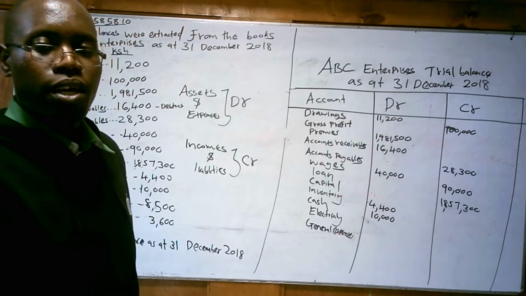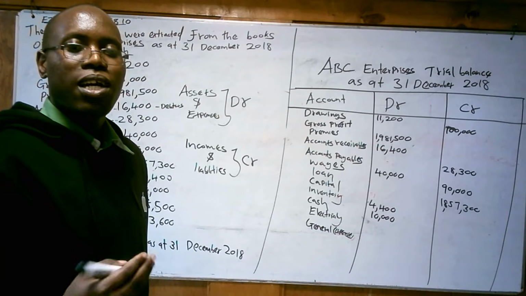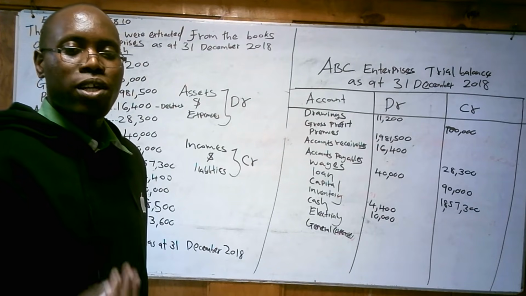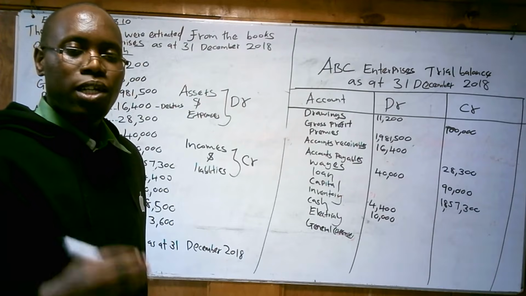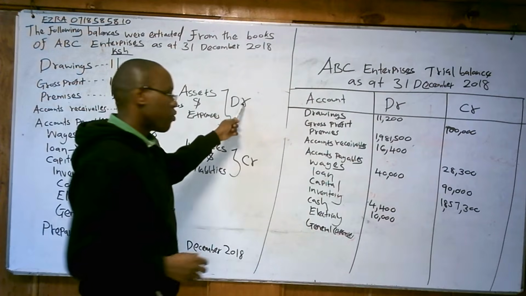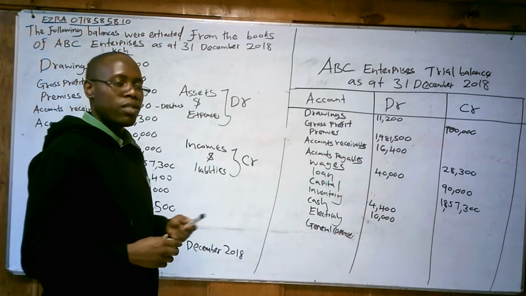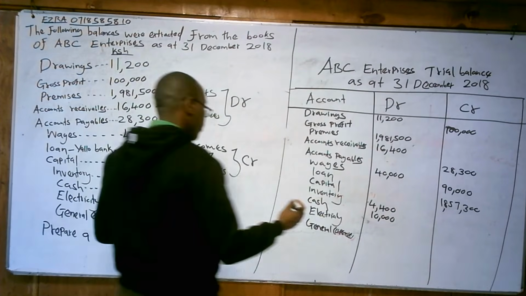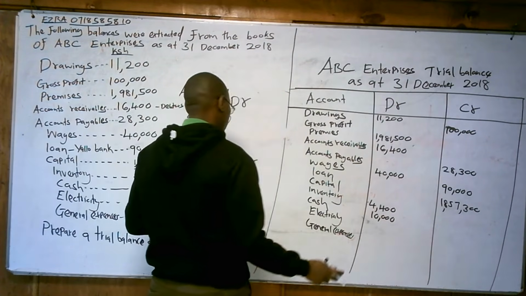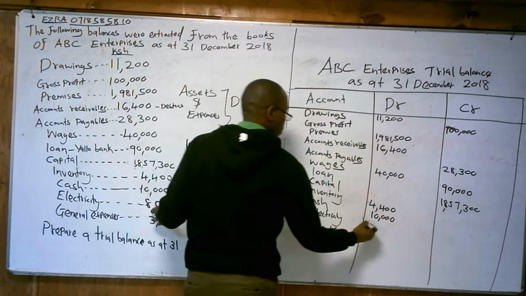And then the other thing that we have there is electricity. Electricity is an expense. When you pay your electricity bills, those are expenses. And we have said that assets and expenses should be on the debit side. So electricity is going to be on the debit side here, and the amount is 8,500.